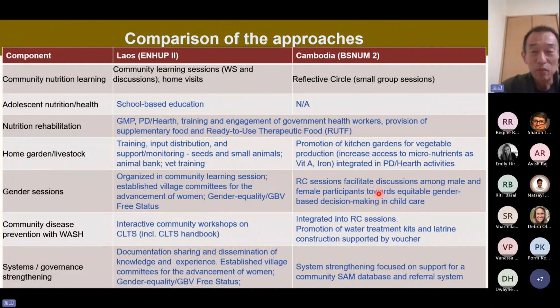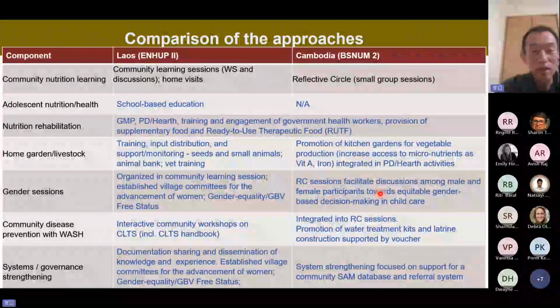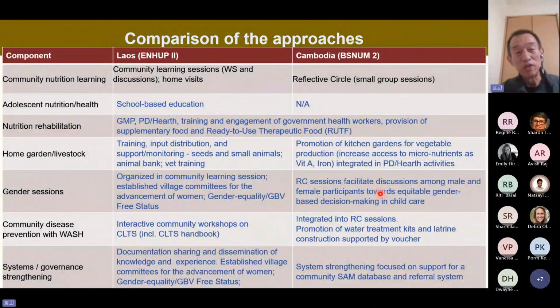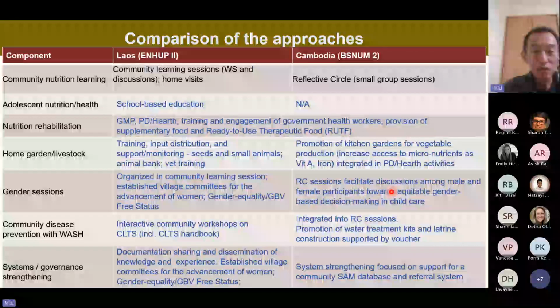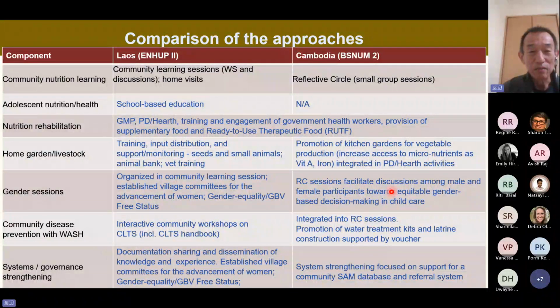Whereas in the model of Cambodia, they use a reflective circle methodology and discuss the gender issue within the female group, within the male group, and also male and female together in small group sessions. The topics were integrated into nutrition practices.